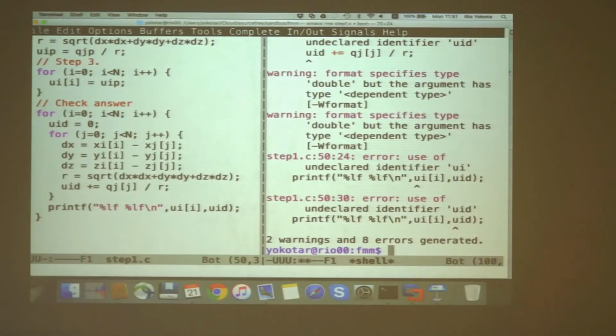Oh, I think I forgot to define UID. Yeah, I had to do a declaration of the variable first.